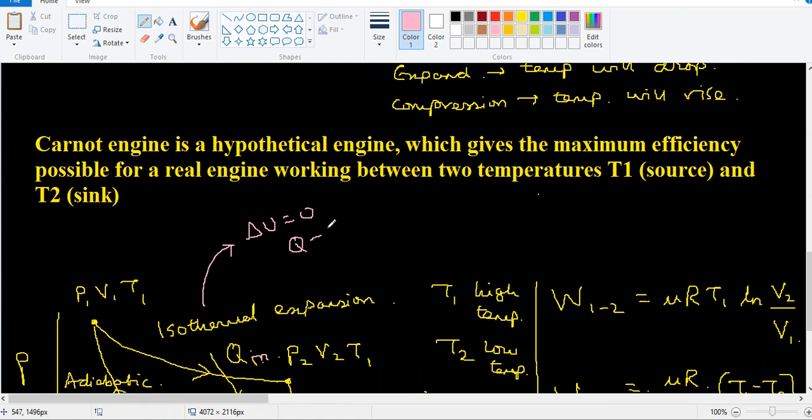By the first law of thermodynamics, Q minus W is equal to delta U. Delta U becomes 0, which means Q is equal to W. The work done is equal to the Q in. So whatever work I calculated here is equal to the Q in. Very simple. Please ask me if you have any doubts. So Q in is equal to W1 to 2.